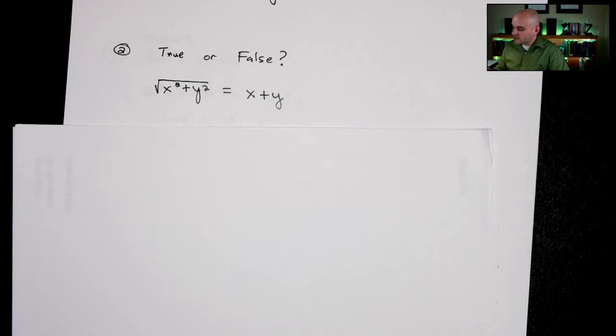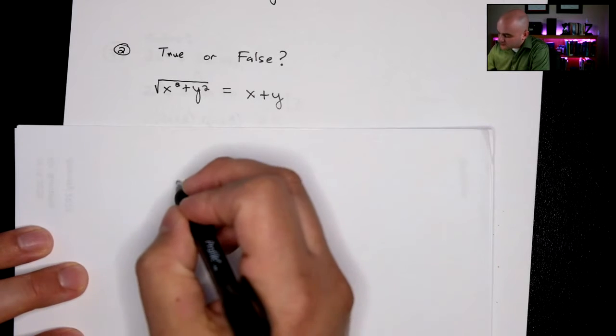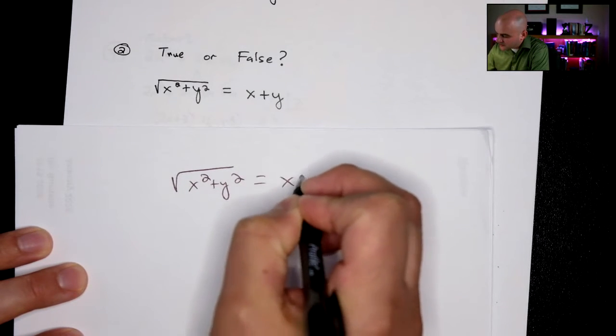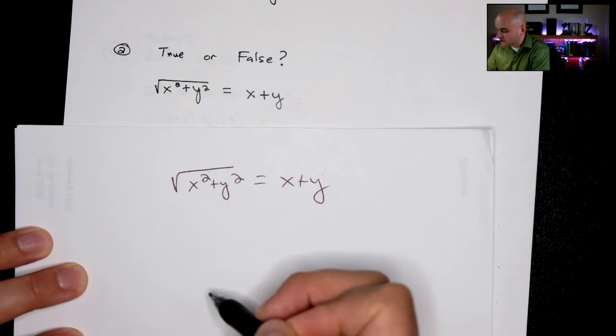All right, so I take it that you gave it a reasonable attempt, and maybe you tried algebraically to show true or false, or maybe you tried showing with a counterexample like we did with 3 and 5 that it might be false. I want to solve it first algebraically again. So if we have the square root of x squared plus y squared equals x plus y, let's do something like square both sides.